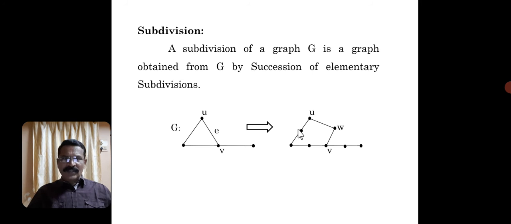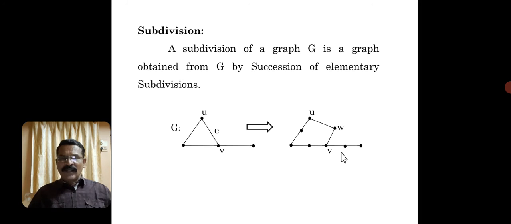The same process: we delete this edge, add one new vertex, and join it with the endpoints of that edge. Like this you can repeat for one edge, two edges, three edges, or all edges. It is not restricted.